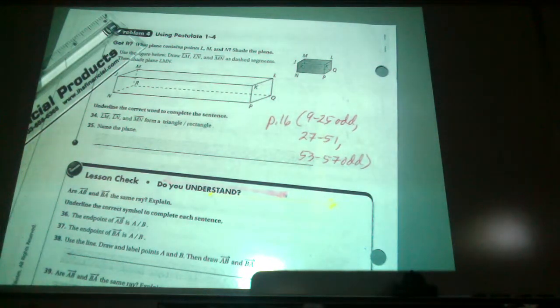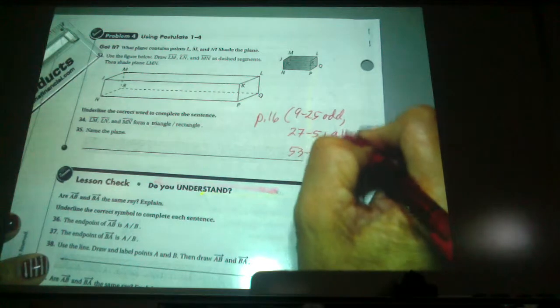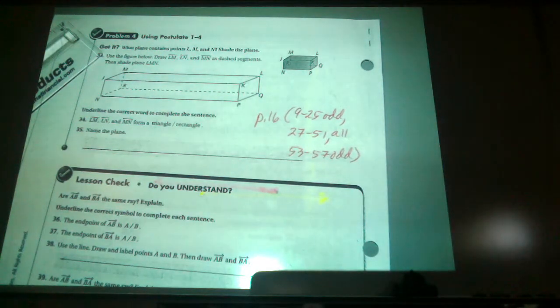A lot of that's identification. It looks like a lot, but you're just identifying it. So you still should be able to do your homework. We're just working on extra problems. So that should get you through today's assignment.